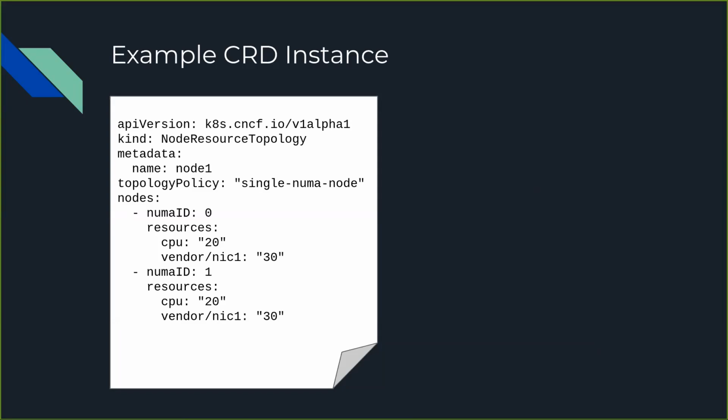And the list of nodes with node ID and a list of resources of the NUMA node. Usually in this case, we'd be creating a CRD instance per node, so the scheduler can refer to that at the time it's making the scheduling decision. So for a multi-node cluster, you'd have multiple instances created for the scheduler to refer to.